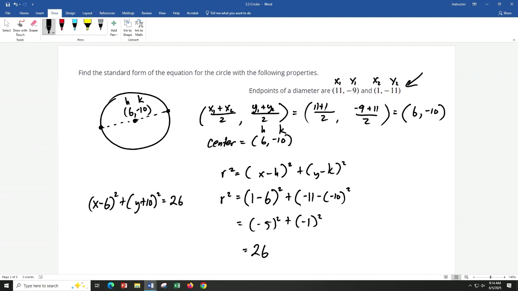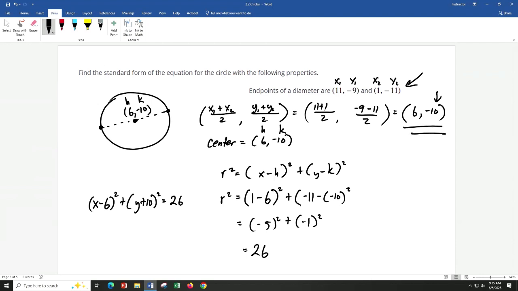Yeah, that's right. Write it correctly. -9 minus 11, right? That ends up giving us a -20 divided by 2 gives us the -10. So we're good there on the center, correct?